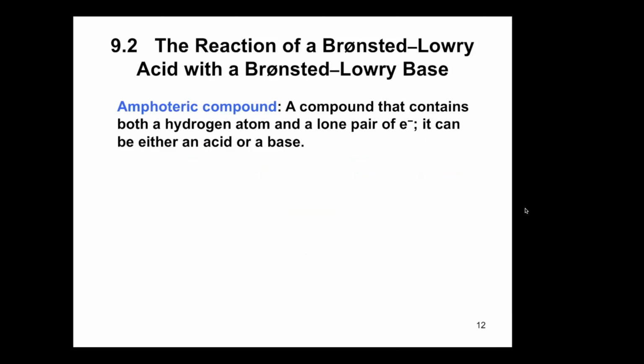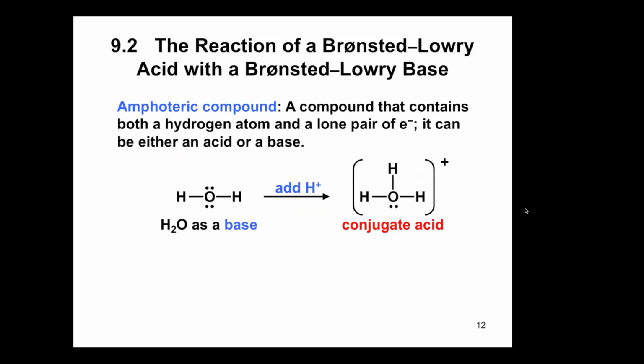As I have said earlier, we can also see na yung water can act as an acid or a base. So ano bang meron sa compounds na pwede mag-act as an acid or a base? We call them amphoteric compounds. So when we say amphoteric compound, this is the compound that contains both a hydrogen atom and a lone pair of electrons. So it can either be an acid or a base. So example is water.